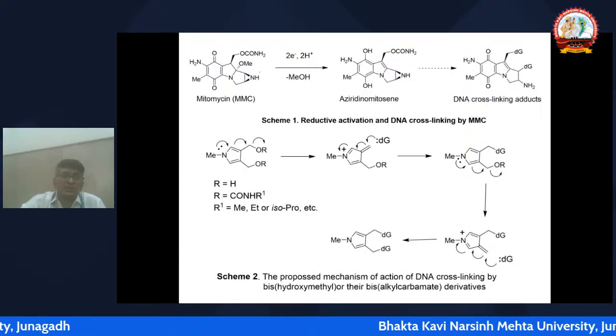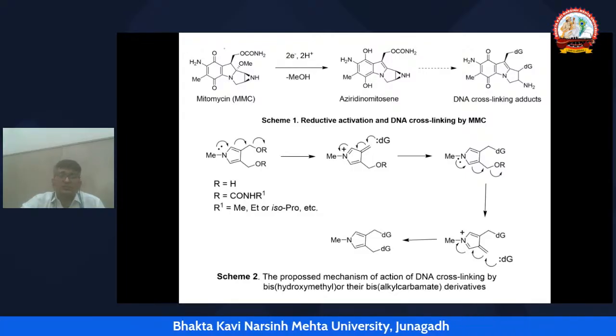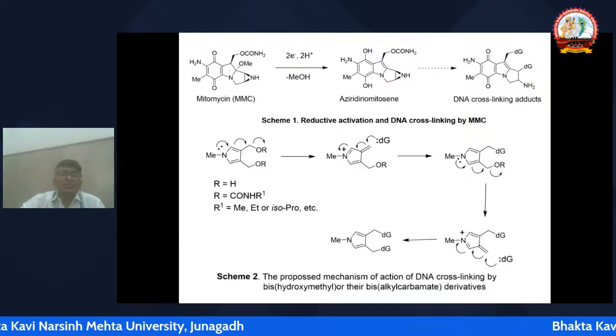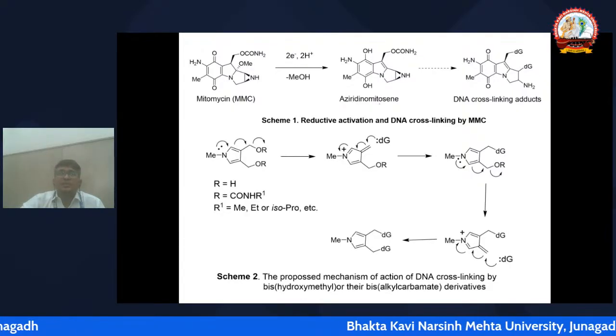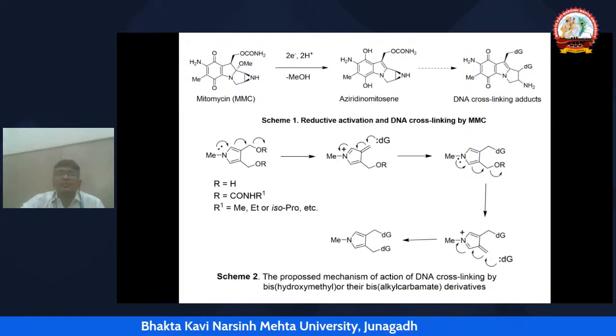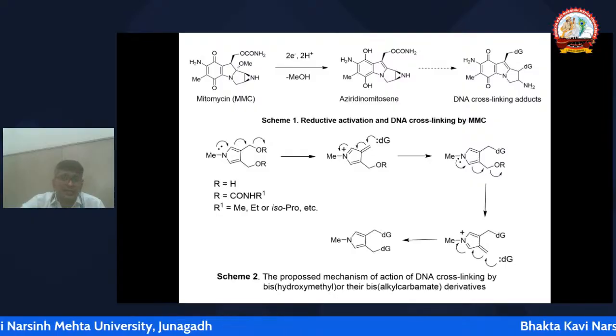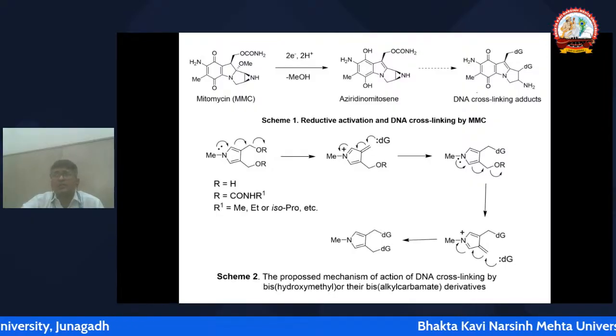So for that, we can look first at the mitomycin drug mechanism study. When mitomycin goes into our body, it is converted into aziridinomycins. Then when it interacts with our DNA, it goes to DNA cross-linking.